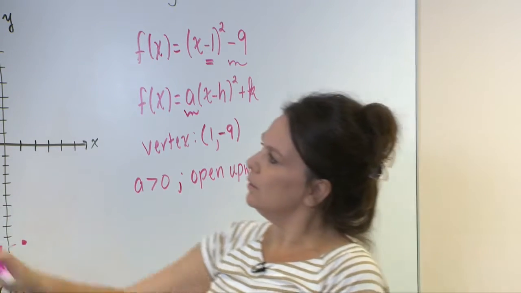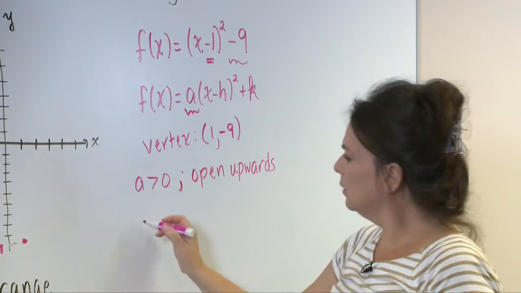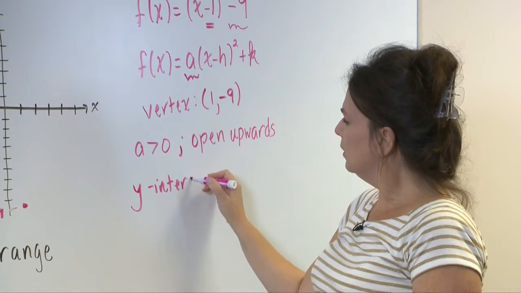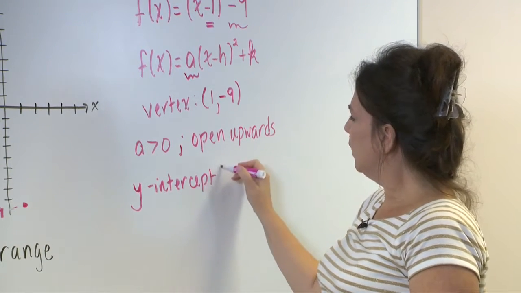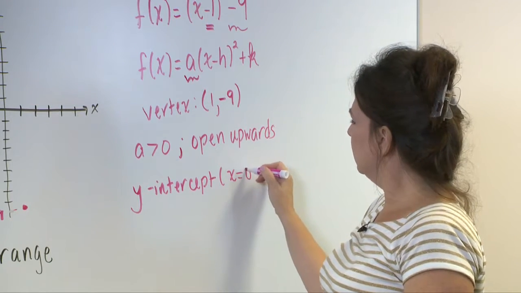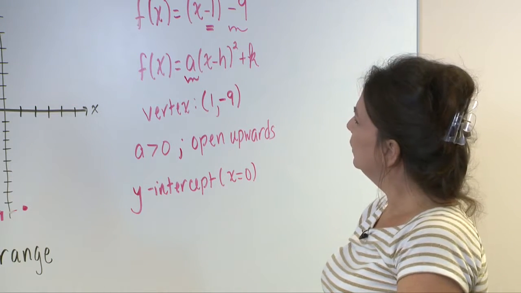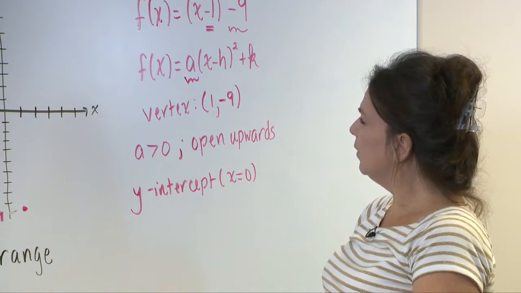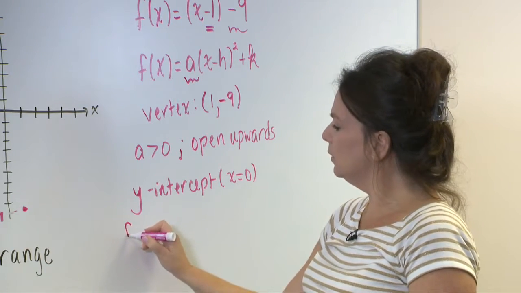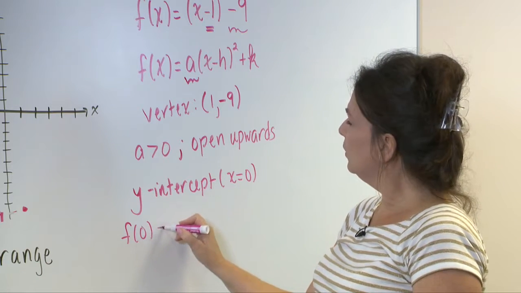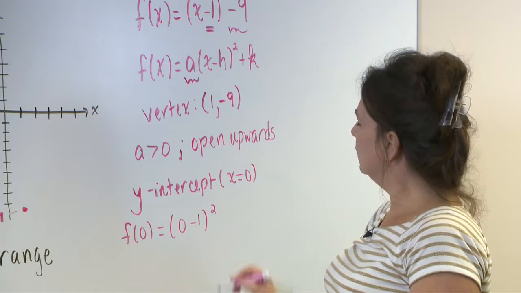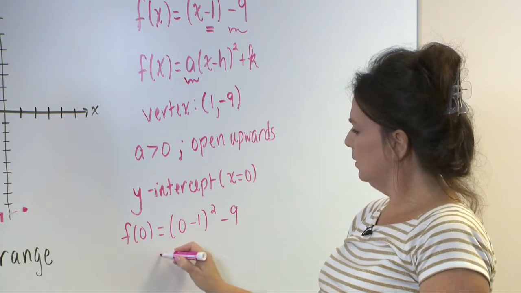Next thing we want to look at is the y-intercept. For the y-intercept, this is when x is equal to 0. So I'm going to plug in 0 into the function and find the corresponding y value. So we have f of 0 is equal to (0 minus 1) squared minus 9.